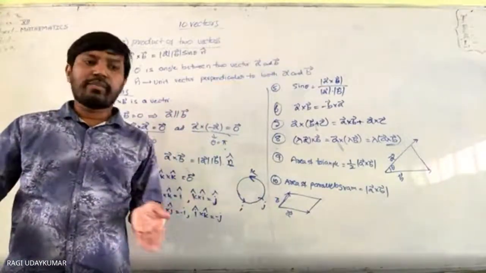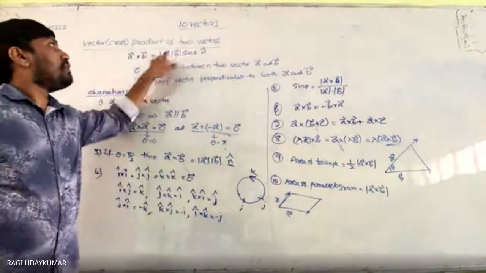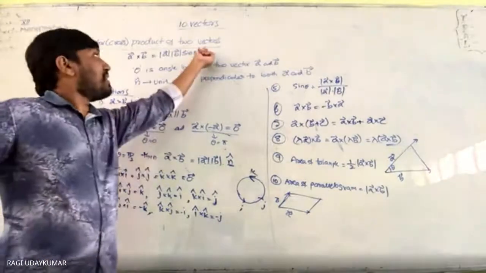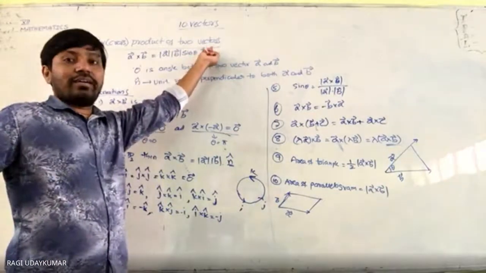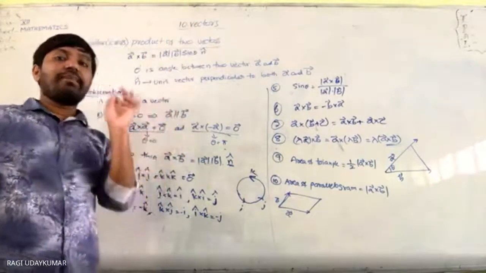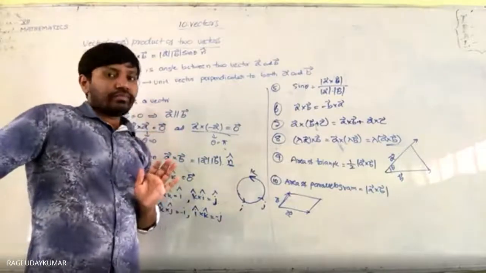After finding the vector, you find its magnitude. It is going to have some vector, some magnitude. Only n cap is going to have the magnitude equal to 1.